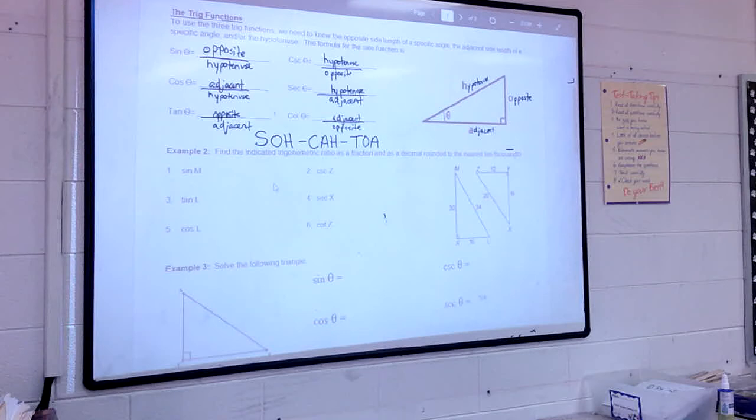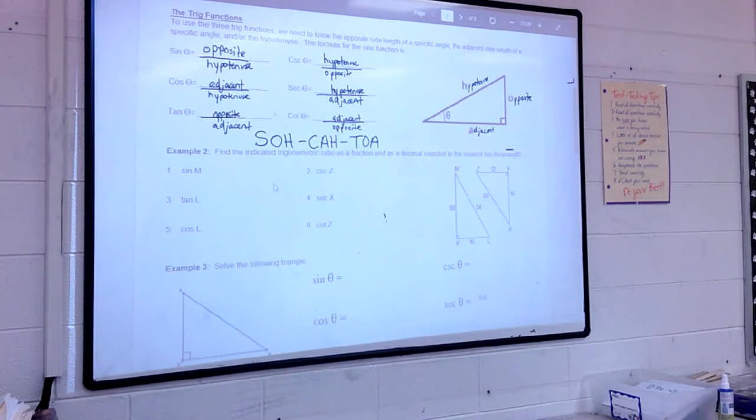Okay, so example 2, let's look at it. It says find the indicated trigonometric ratio. That's a fancy word for saying find the fraction and its decimal rounded to the nearest 10,000. So you got tenths, hundredths, thousandths, 10,000. That's 4 decimal places.